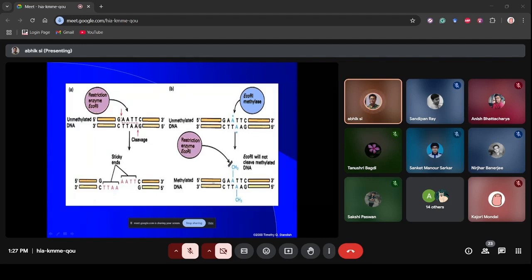So the bacteria's own DNA is protected by methylation, but since viral DNA is not methylated, it is affected by its host cell RE. RE means restriction endonuclease. So this is the mechanism.